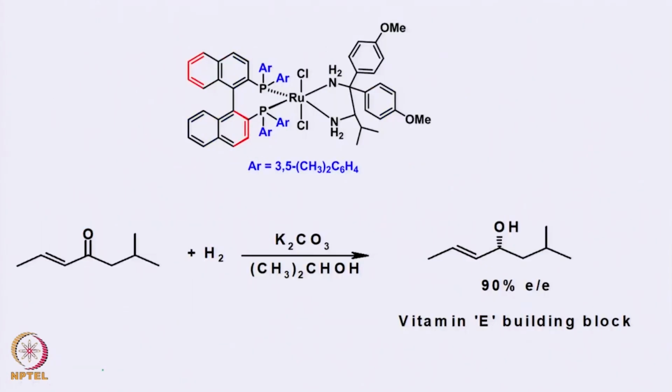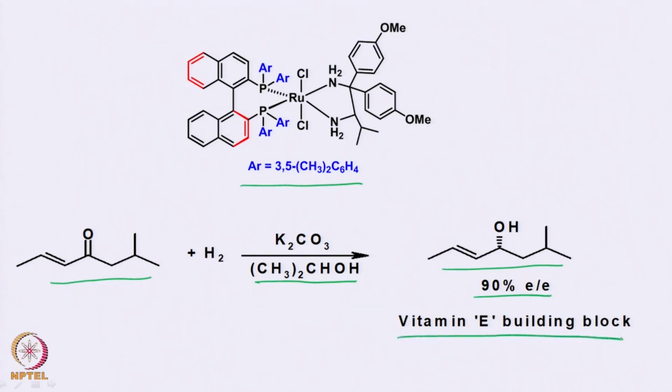And towards the end we saw that a ruthenium catalyst of this kind can be used for the reduction of these enones to the corresponding allylic alcohols in the presence of hydrogen and isopropanol, and this gave the corresponding allylic alcohol in 90% enantiomeric purity, which is a good vitamin E building block.